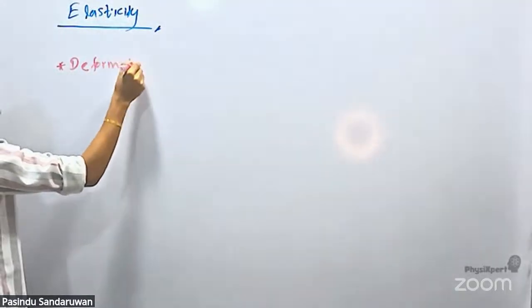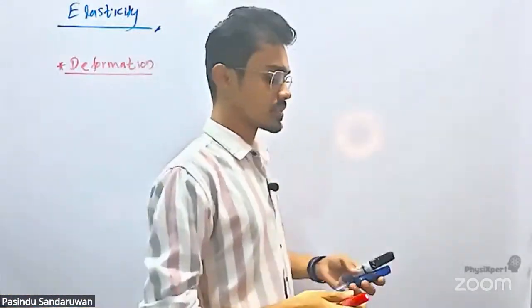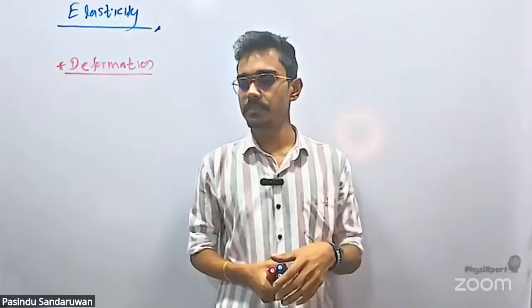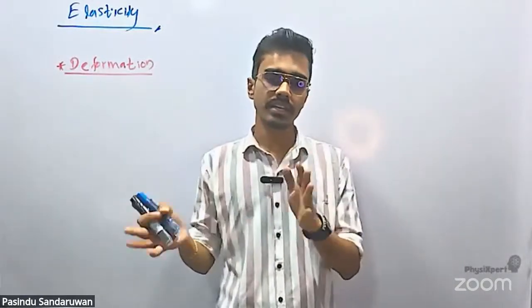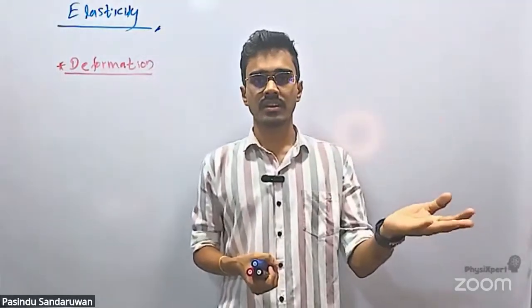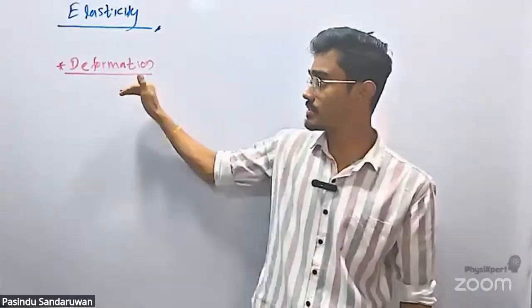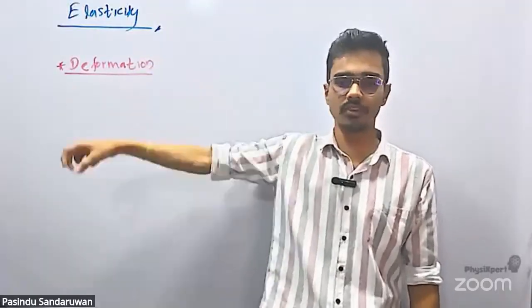Deformation is the word used to say that it is changing shape. Changing shape in the sense it can be increasing length, volume, or area, or decreasing length, volume, or area. Anything. If there is a changing shape, that is called deformation. Elasticity is the study on deformation of objects.